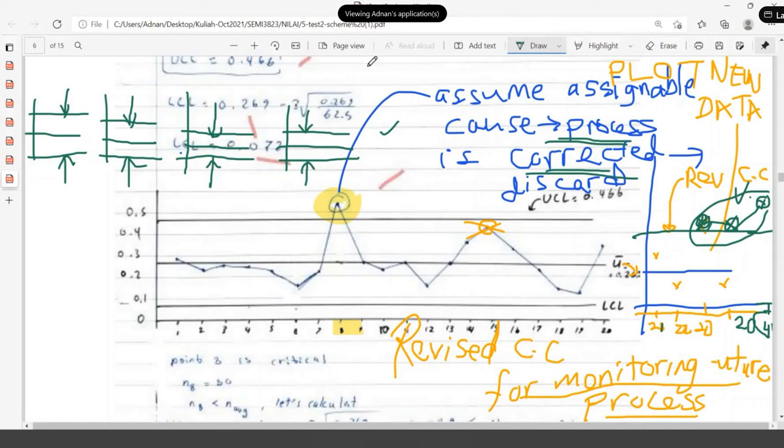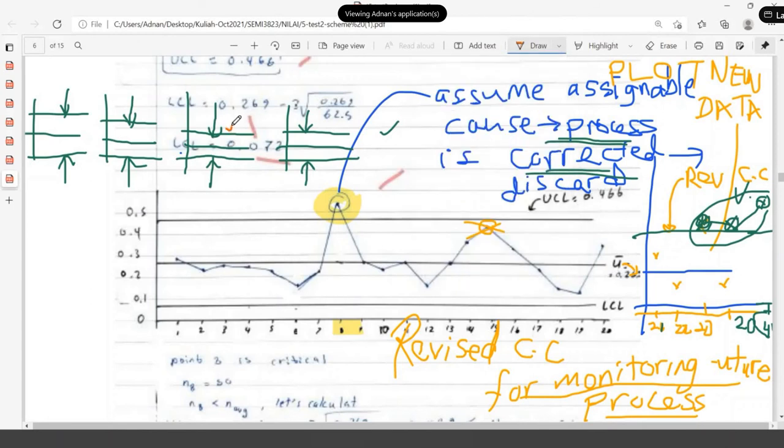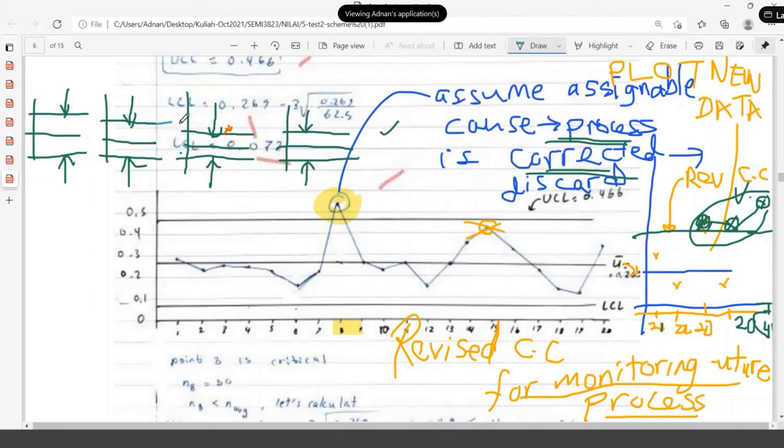So maybe here you get a new point which is somewhere here. If we refer to the old control limit, this is the old control limit, if we use the old one, it looks like it is still inside. Because we already revised, it only now falls outside.